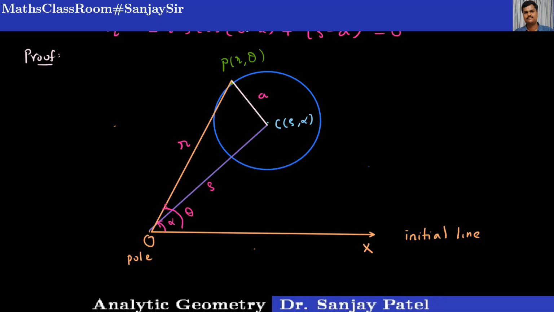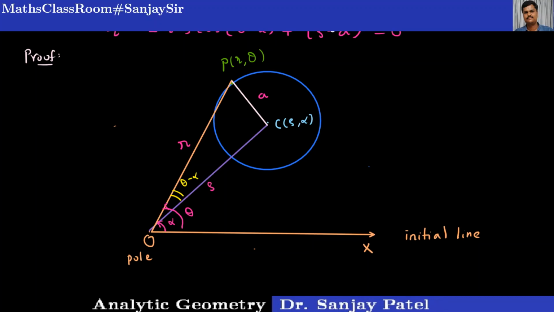So it is obvious that the angle between OC and OP, that is angle POC, is theta minus alpha. So we have this triangle OPC.